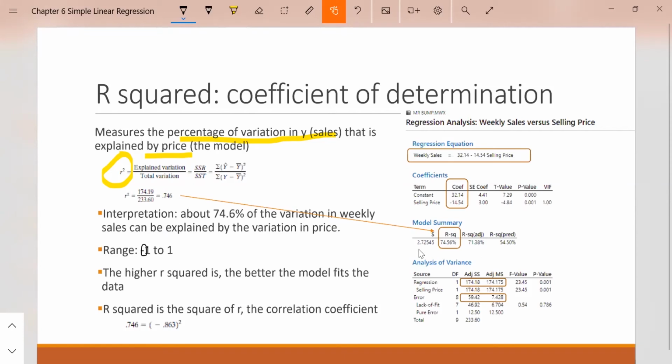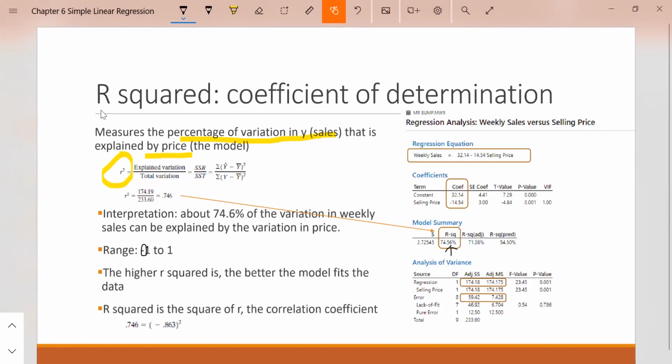In terms of our particular example, you will find R squared given right down here in the model summary. And that percentage is 74.56. Is it a high percentage? Not really. Is it bad? Not either. So in terms of how high R squared should be, there's no criteria.